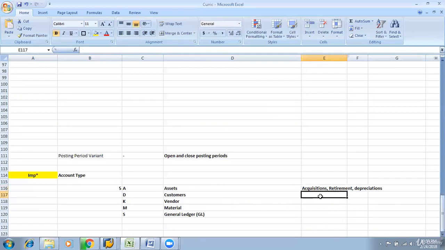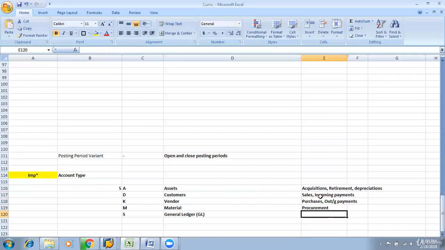Customers, we have sales or incoming payments. From vendor, we have purchases, outgoing payments. Material, we have procurement, and so on.